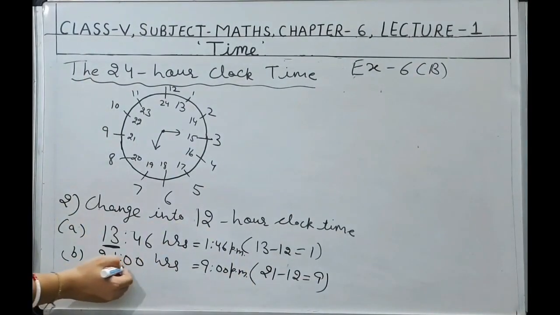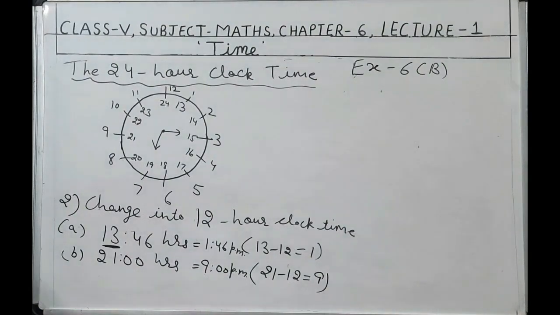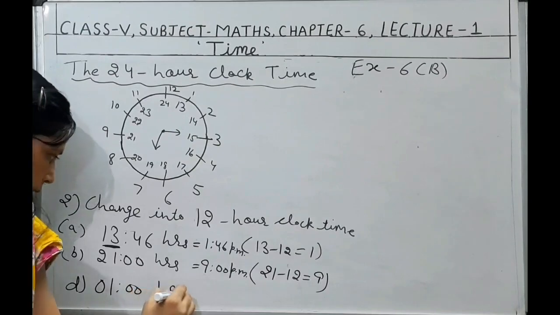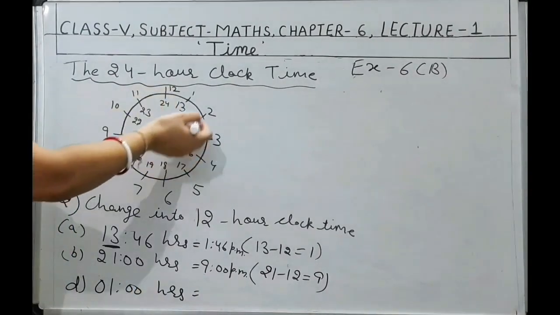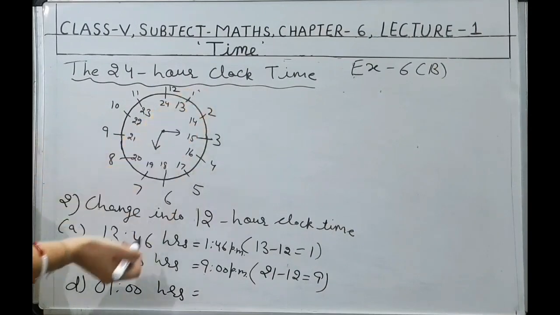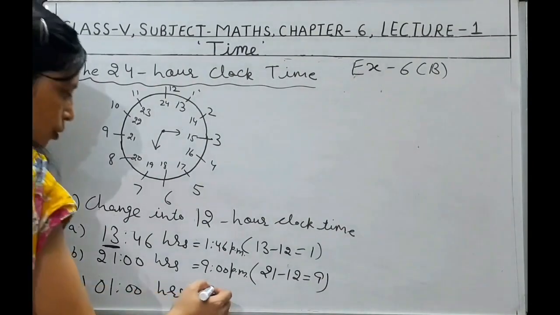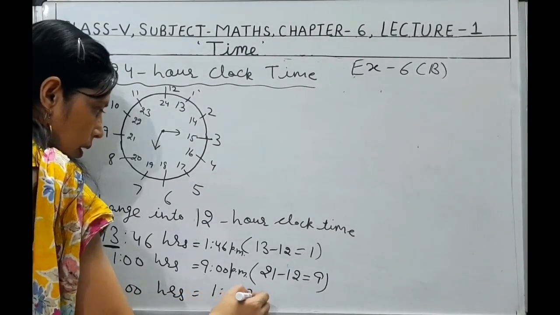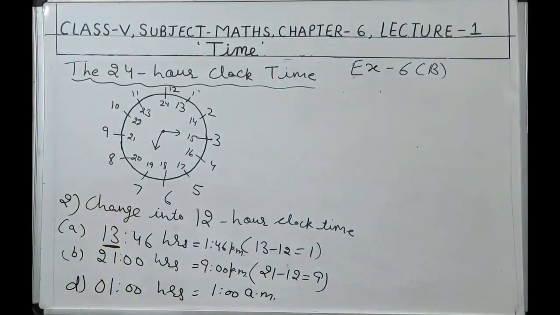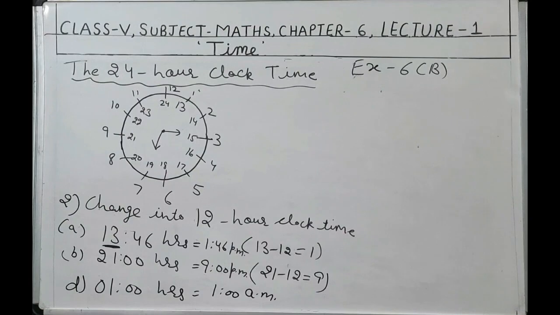Clear? The next part I am taking is 0100 hours. Check on your clock, 0100 hours. This means after the day started, only 1 hour passed. So it will be 1 AM. It is time before 1200. AM time runs until 1200 hours. Got it? In this way you can write down your answers.